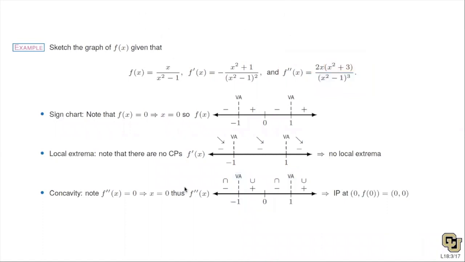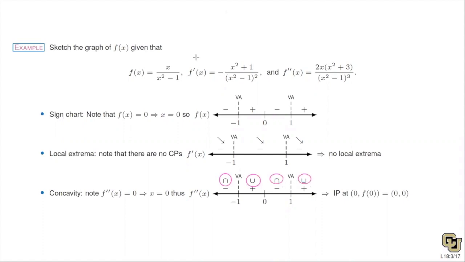So be careful, I'm plugging into the second derivative here. And I'll let you check, but I was able to figure out that it's negative to the left of -1, positive between -1 and 0, negative between 0 and 1, and positive to the right of 1. Here, the positive and negative indicate the concavity, whether it's concave down or concave up.